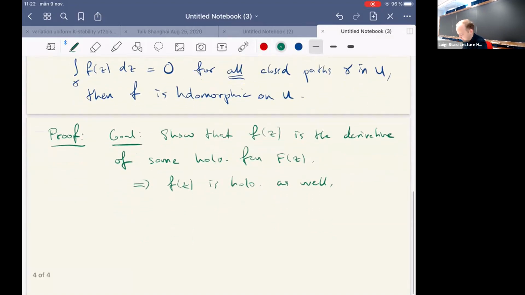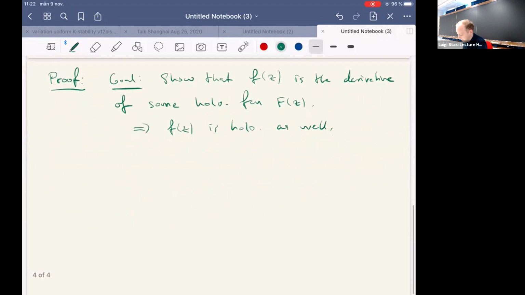Okay, so how do we find this antiderivative? The way we are going to do it, of course, is going to involve some kind of integration at some point, as usual. So what you do is the following. You fix some point, and then you consider the following triangle.